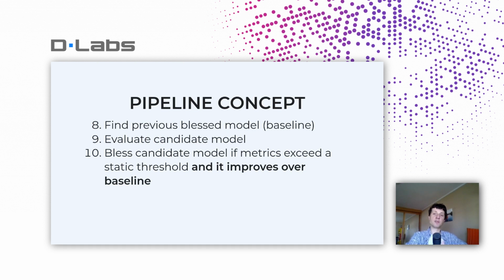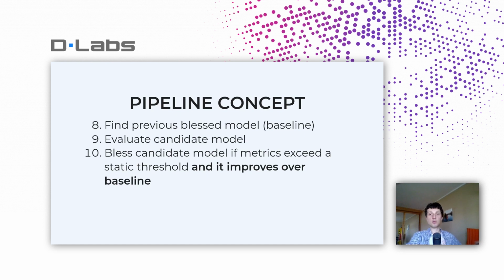This is a big thing, that's why it's in bold. It is rather easy to implement exceeding a metric, but it's not so easy to implement this check that the model needs to improve over the previous model. Why is that? Because it's not as simple as checking the values of the metrics. That would be the easy solution. But what if we have a different dataset that we use for testing now?